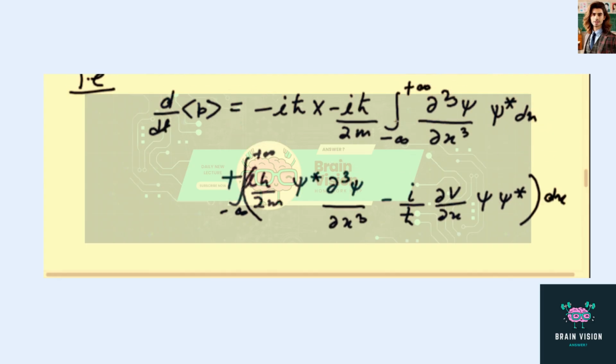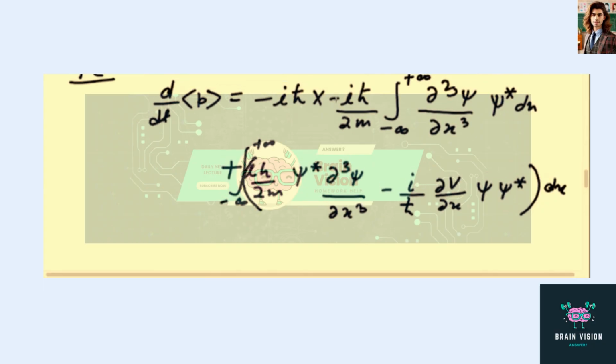So if I see, this minus minus plus, i square is minus, that is minus ħ²/2m.